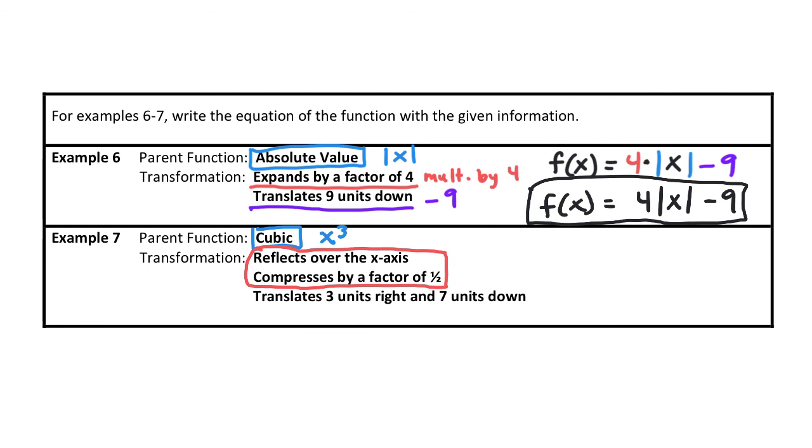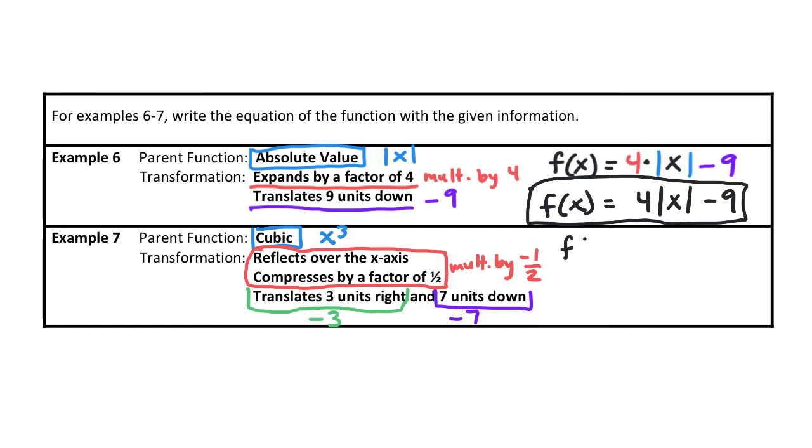It's going to be multiplying by negative 1/2. And then we have translating 3 units to the right. That's minus 3. And 7 units down, that's minus 7.